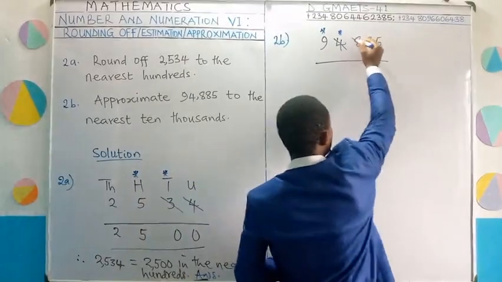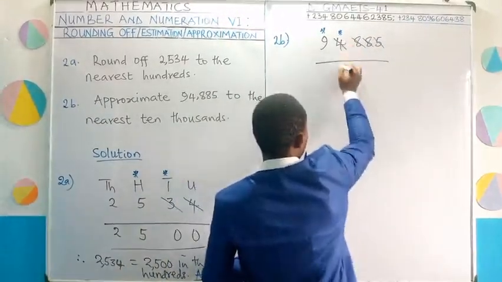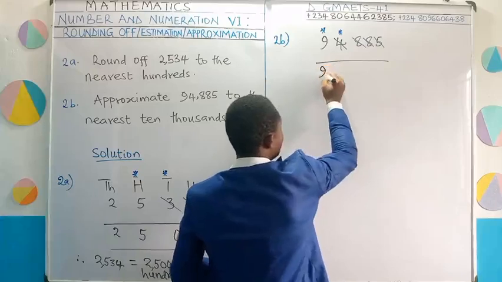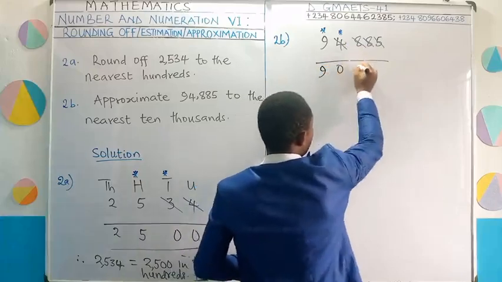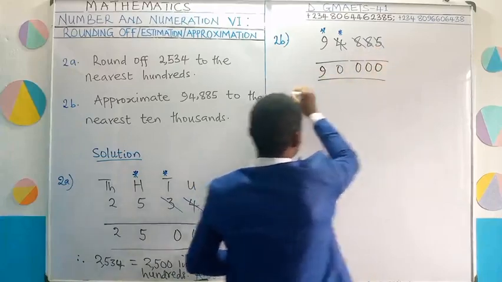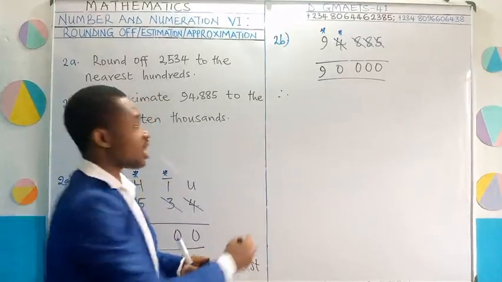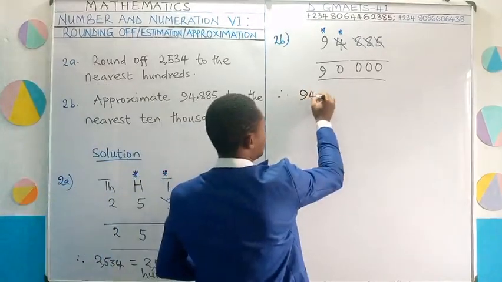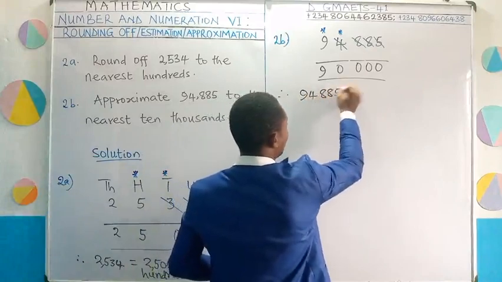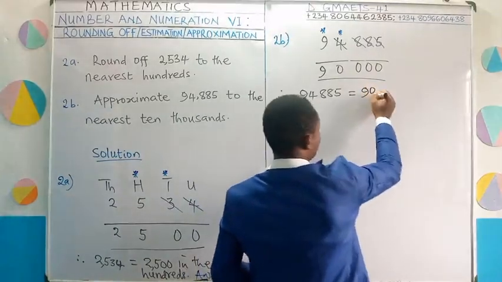Every other thing there will also go off, they become 0, 0, and so this will come down as 0. I have my 9 here. Let me step it down. Then 0, 0, 0, and then 0. So you see this is 90,000 to the nearest tens of thousand. Therefore, 94,885 is equal to 90,000 in the nearest 10,000.